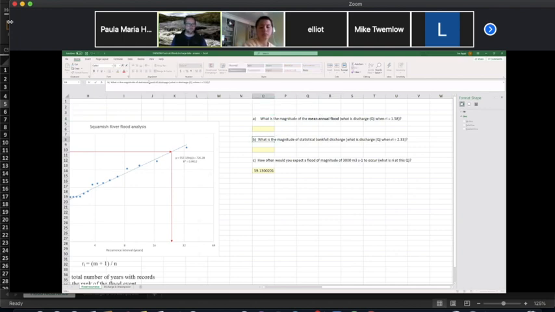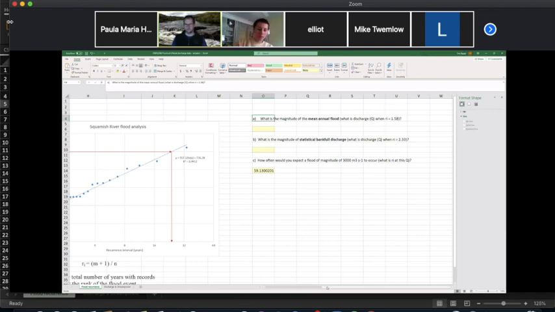That's a statistical term, a river's term. What we're asking here is, what is the magnitude of the mean annual flood? That means, what is the discharge when the recurrence interval equals 1.58? The definition of the mean annual flood is a flood recurrence of 1.58 years.